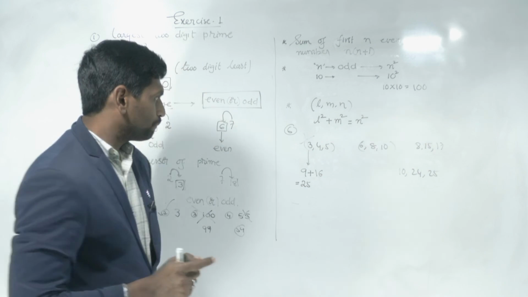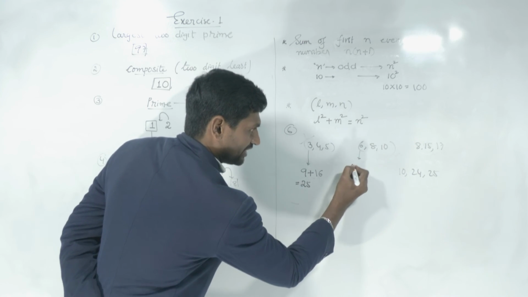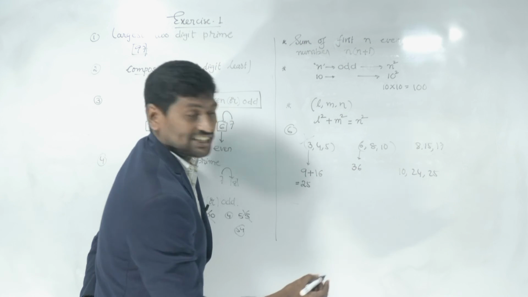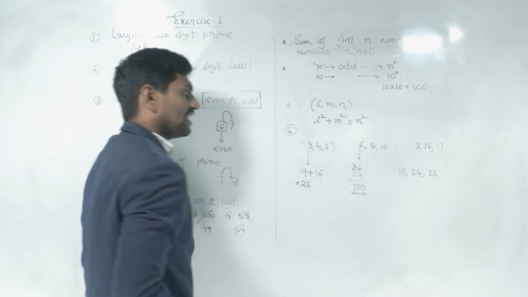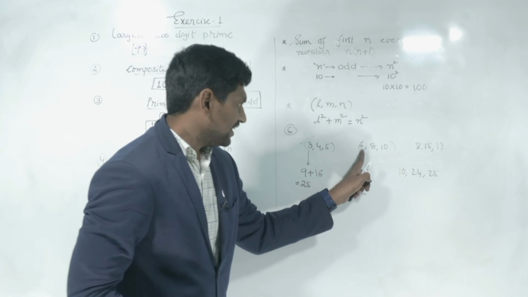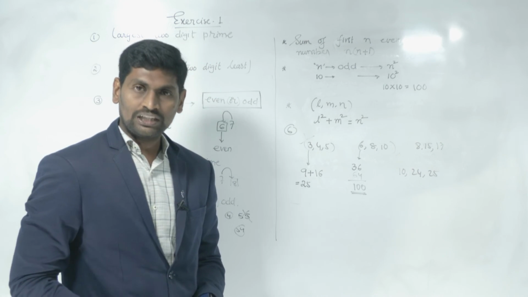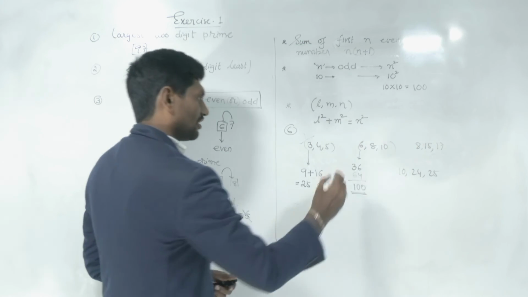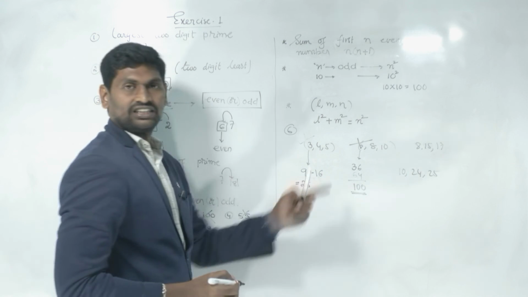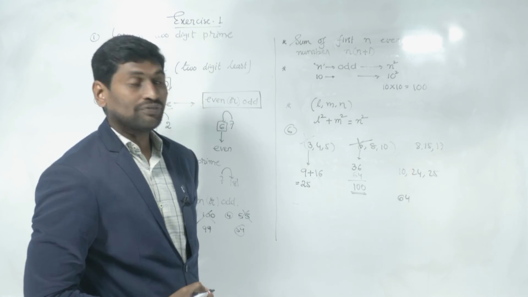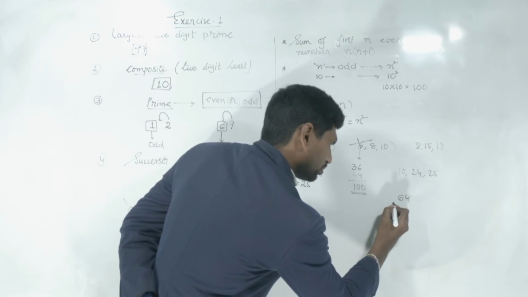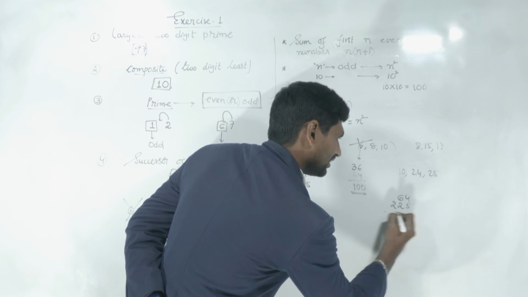Here also, 6 square is 36, 8 square is 64. Add both of them, you get 100, which is 10 square. 6, 8, 10 is also a Pythagorean triplet, so not our answer. Third, 8 square is 64, 15 square is 225.